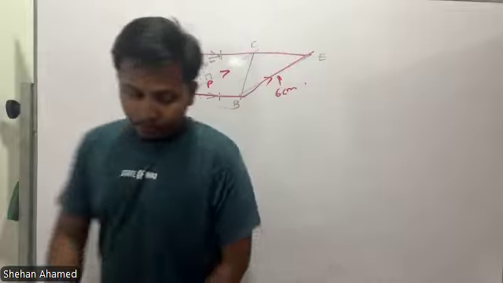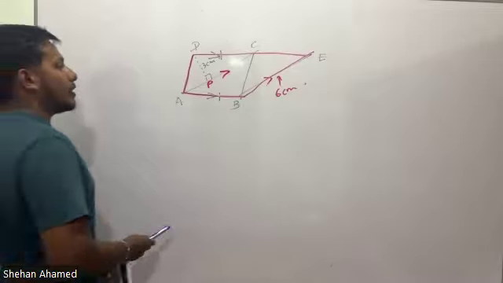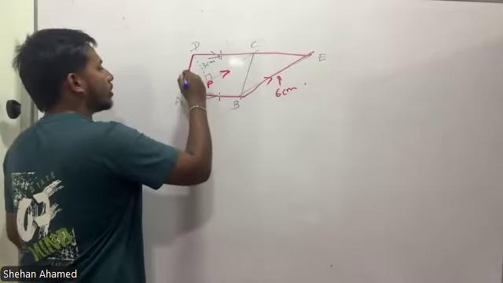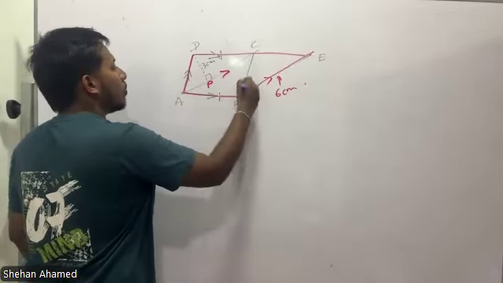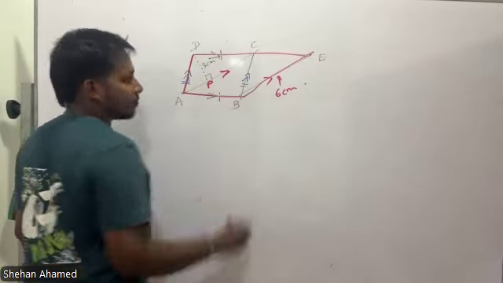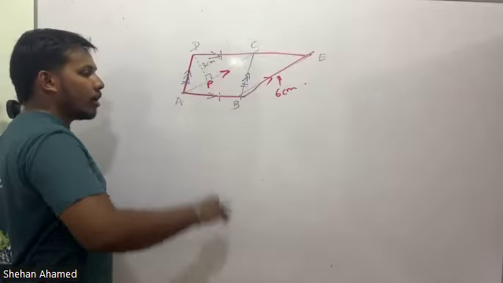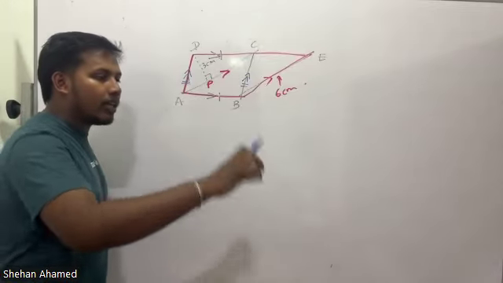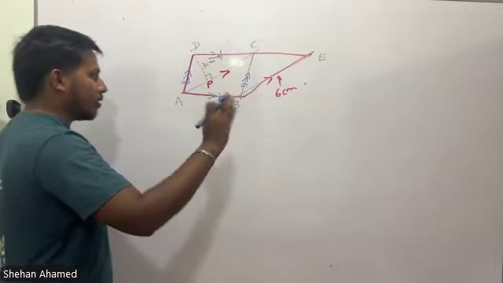Opposite sides are equal and parallel. Then actually, this is also parallel and equal. Remember, parallel and equal. Now, again, grade 11, the last lesson, part 1.